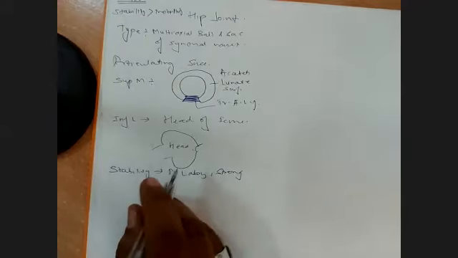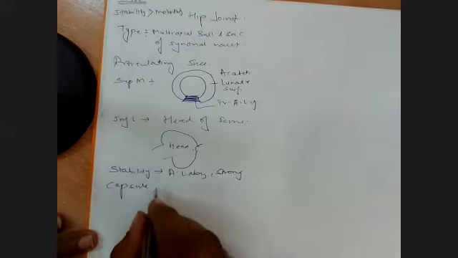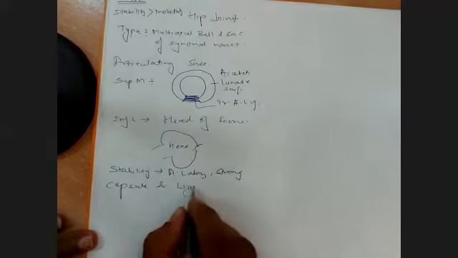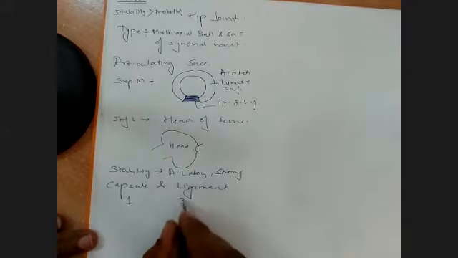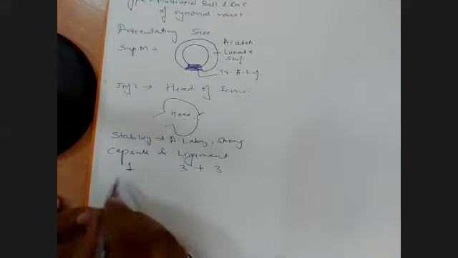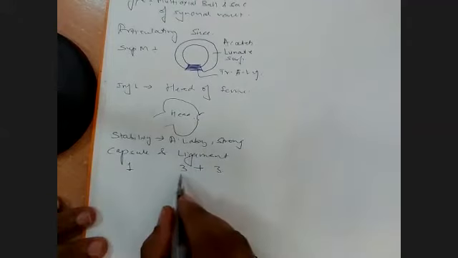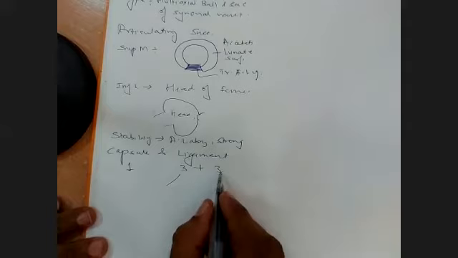Then let's talk about the capsule and ligaments. How do you remember the capsule and ligament? There is of course one capsule, and ligaments are 3 plus 3. Okay, there is this one capsule and there are 6 ligaments total. We group them as 3 plus 3.